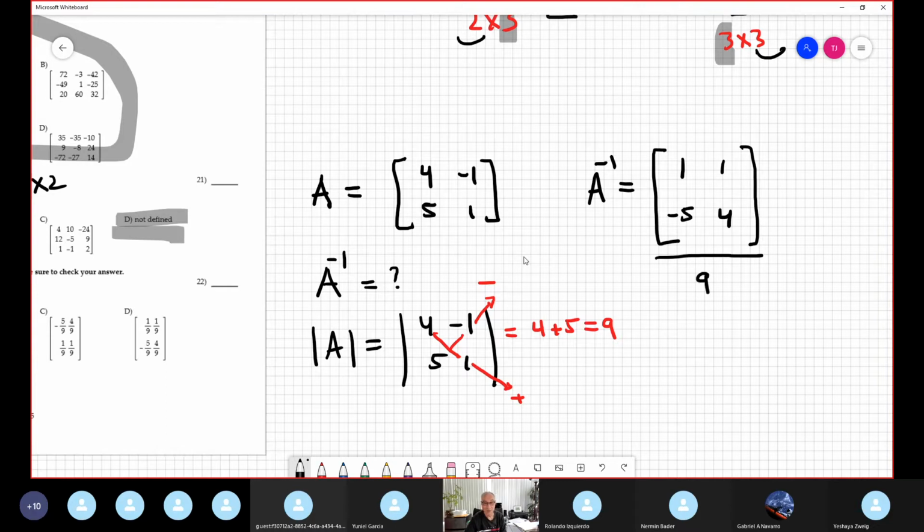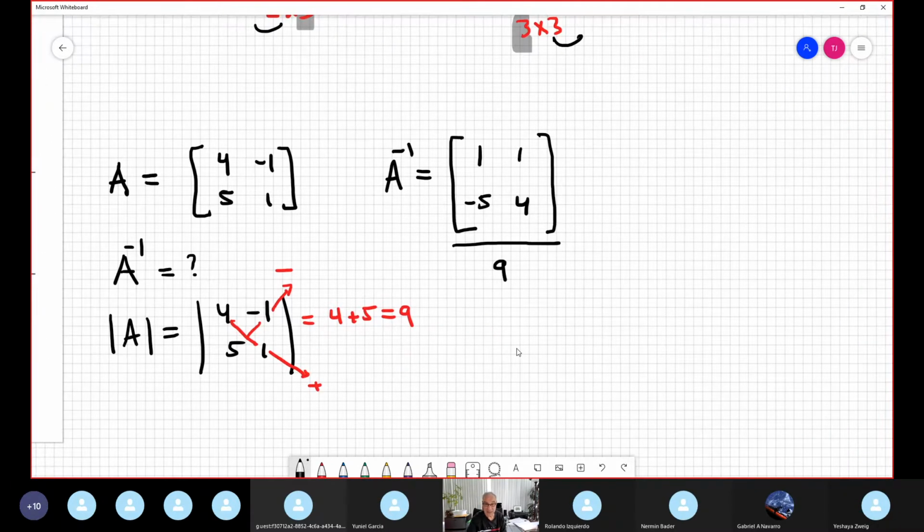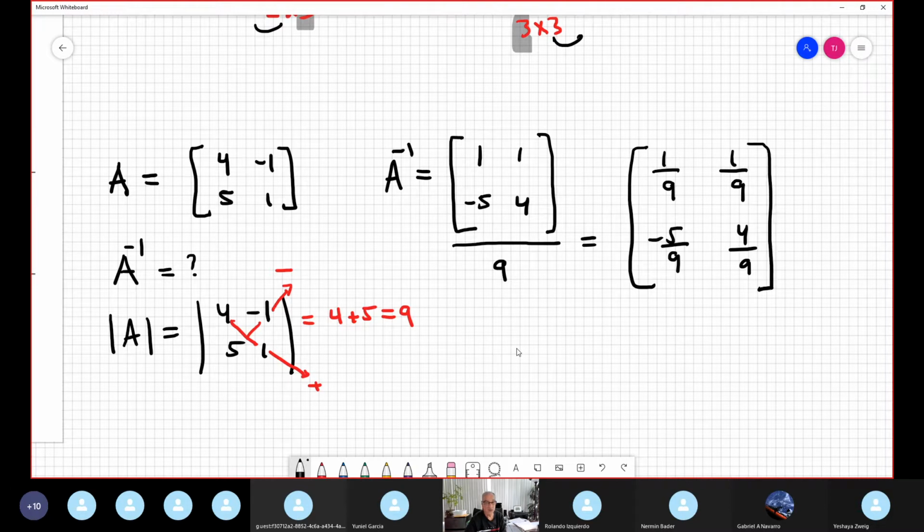So that is the formula: the transpose-like arrangement divided by the determinant. When you divide a matrix by a number, or multiply by a scalar, you multiply or divide each element. So it's 1/9, 1/9, -5/9, and 4/9. End of story. This is the inverse of this matrix.